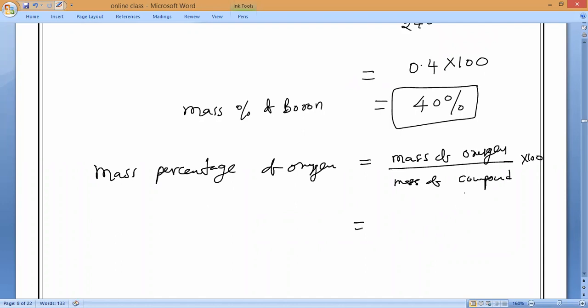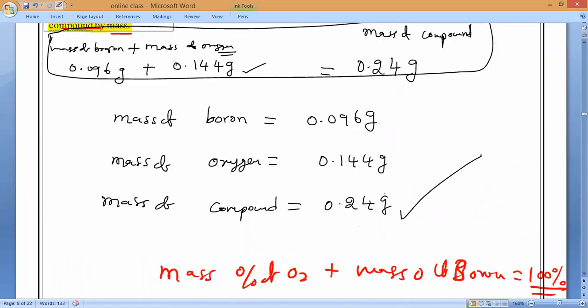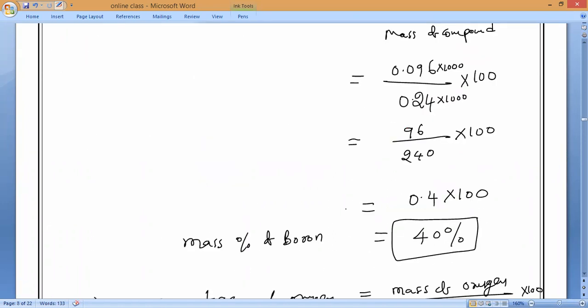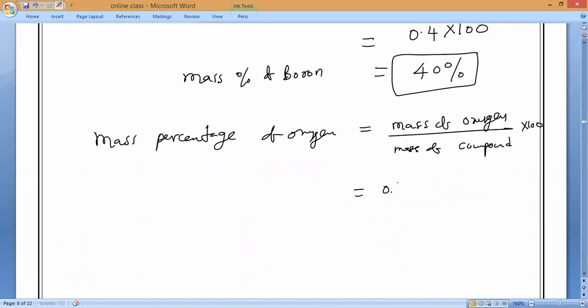So what is the mass of oxygen? Everybody check it. What is the mass of oxygen? 0.144.